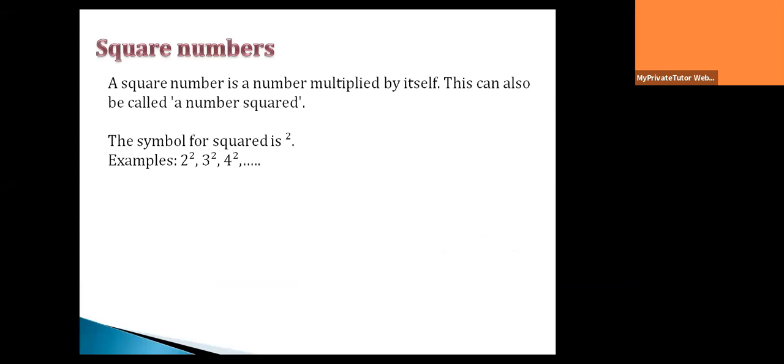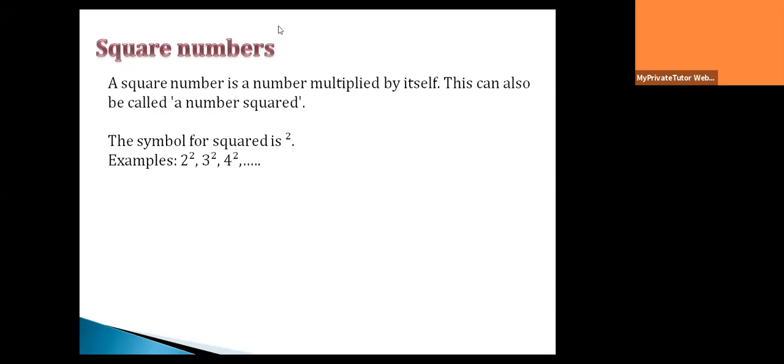The definition: a square number is a number which is multiplied by itself. So if we have a number, we multiply the same number twice, like 2 times 2. 2 squared is 2 times 2. 4 squared is 4 times 4.